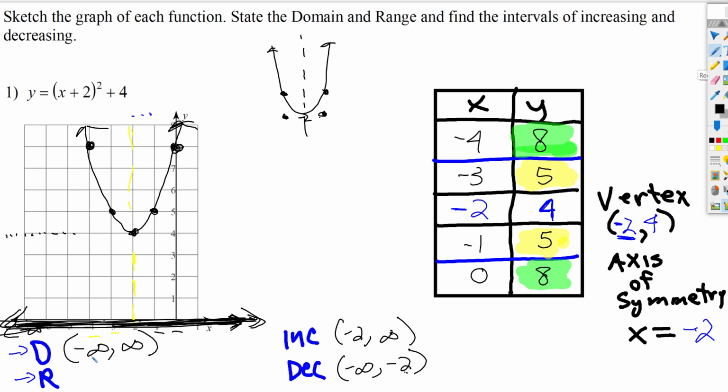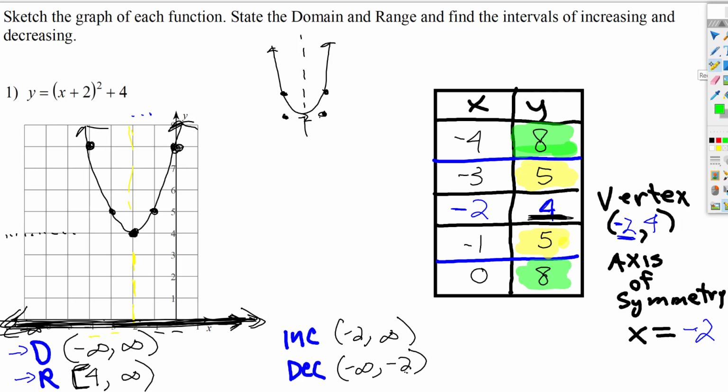So that means if we can plug in any x number, negative infinity to positive infinity. But look at the lowest value at where it touches, and there's a solid dot right there. That's the lowest value, height value. So you would say the lowest value is 4, and it touches, so we use a square bracket, and it goes on to positive infinity.